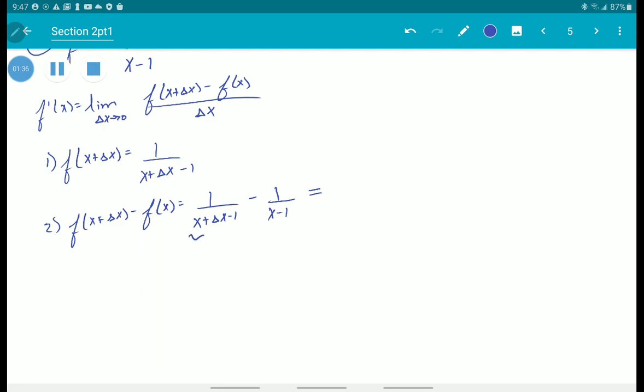So that common denominator is going to be x plus delta x minus 1 times x minus 1. So I'm going to multiply this guy by x minus 1 over x minus 1, and then I'm going to multiply this one by x plus delta x minus 1.